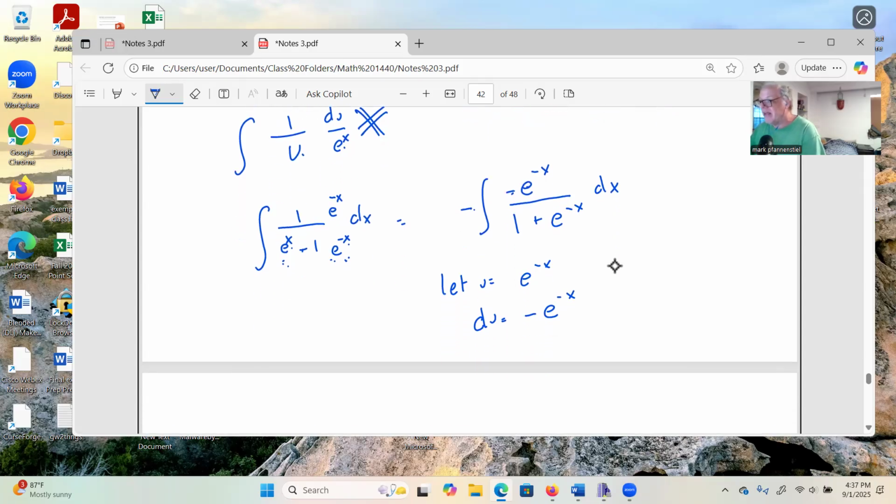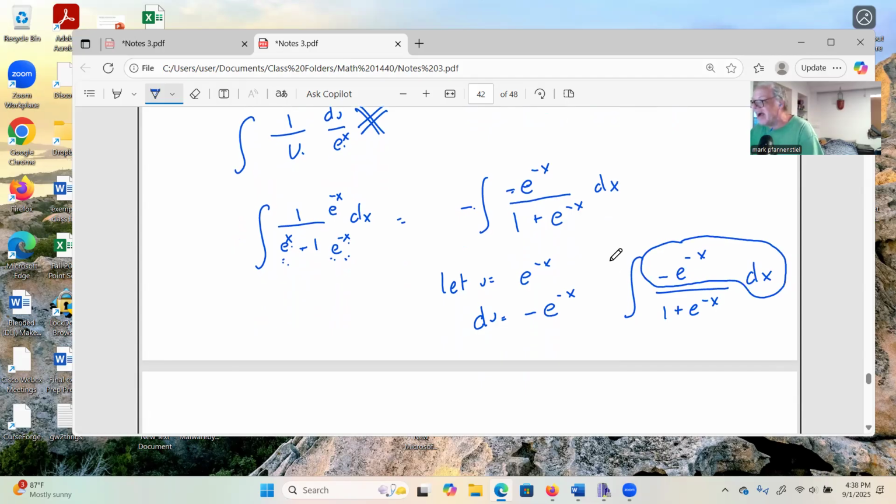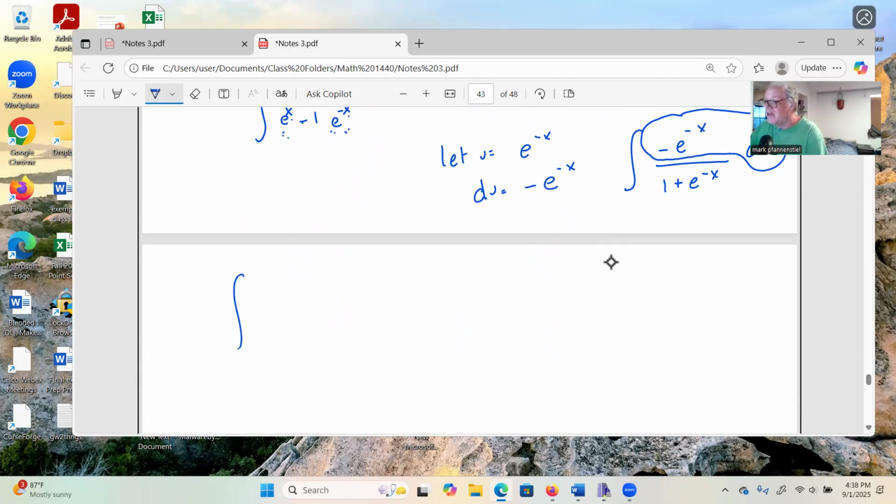So here we have the integral of negative e to the negative x divided by 1 plus e to the negative x dx. Notice my du here is negative e to the negative x. That thing now is du. So we have the integral of 1 over u du.